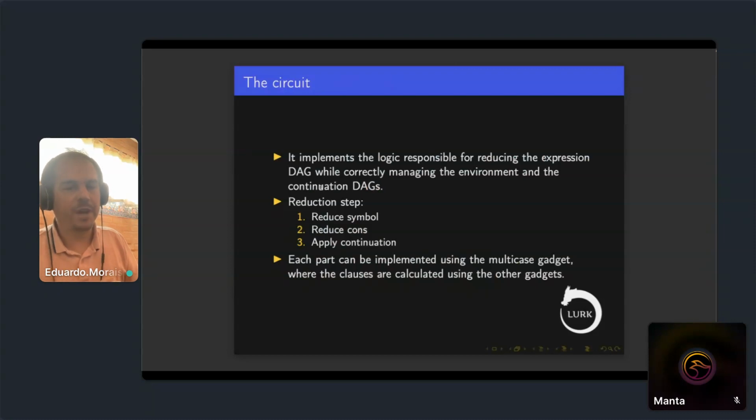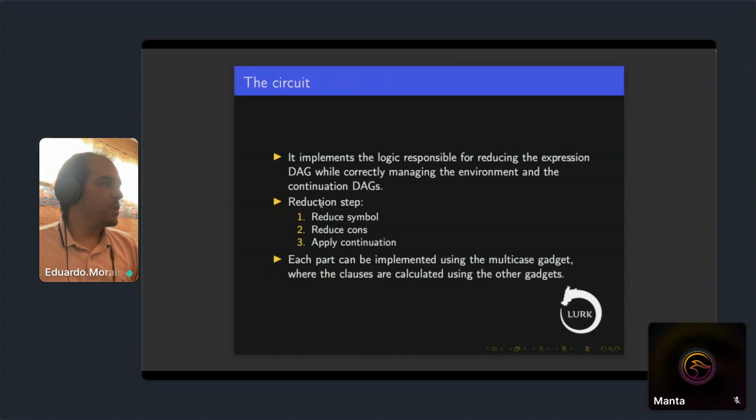It's not a very complicated DAG. It's just a line of continuations. Or we need to create nodes in the environment and add functions to the recursive environment or something like that. So all those rules are implemented in our circuit.